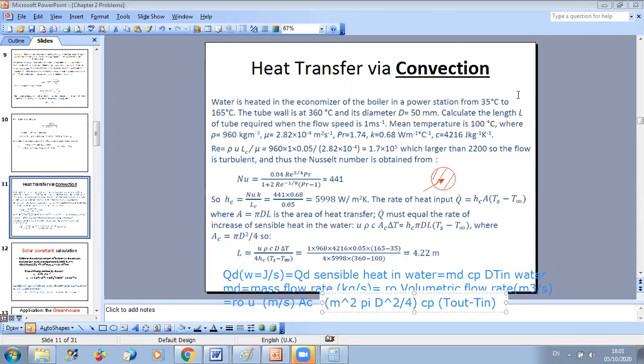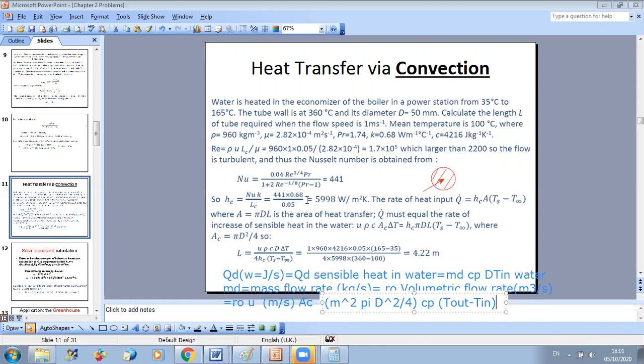As you can see, for Q sensible I know everything: T out, T in, the diameter, the specific heat, the velocity. Once I calculate Q sensible heat, it's equal to Q convection.